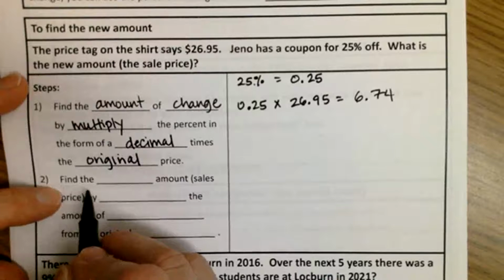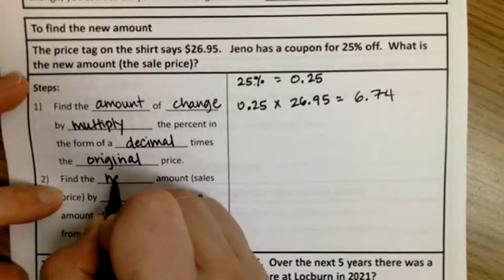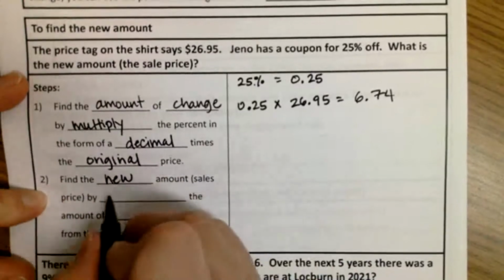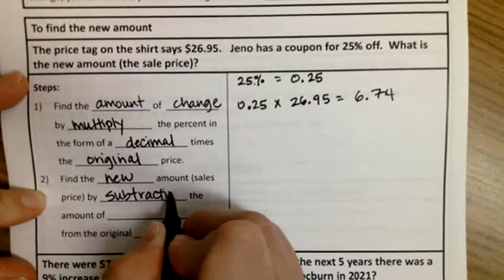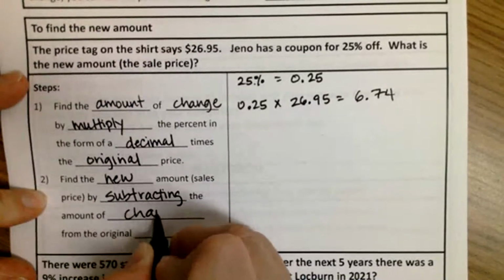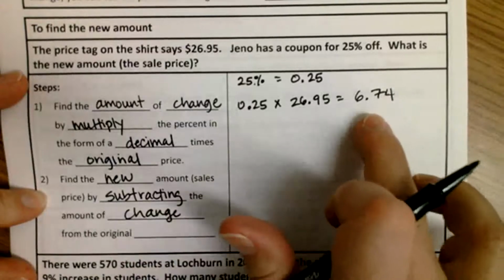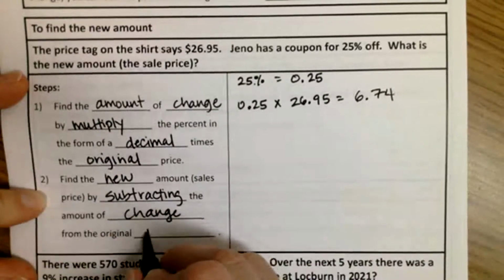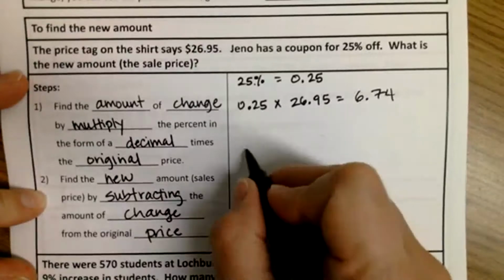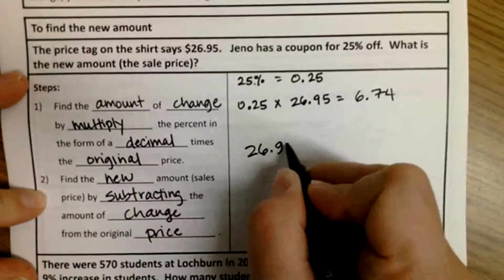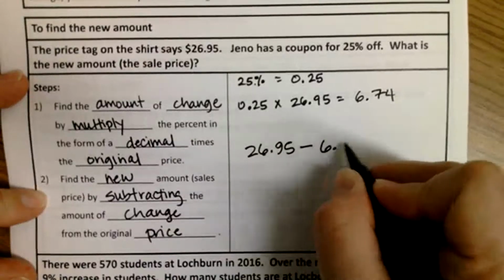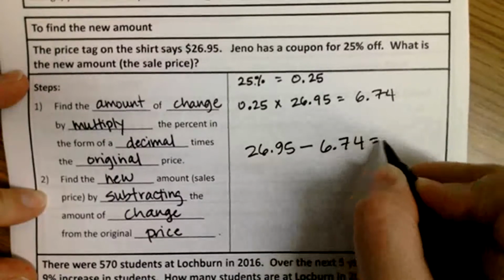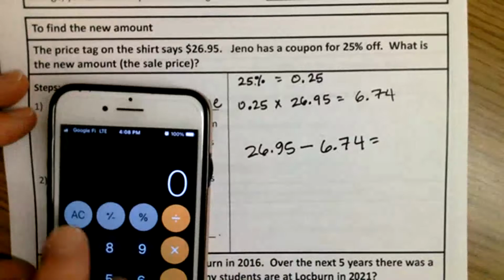So find the new amount or the sale price by subtracting the amount of change, which was $6.74, from the original price. Okay, so I'm going to take $26.95, that's the original price, and I'm going to subtract $6.74. That's going to give me my new price.